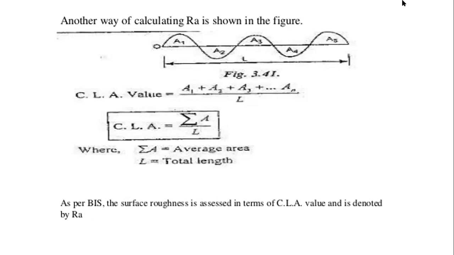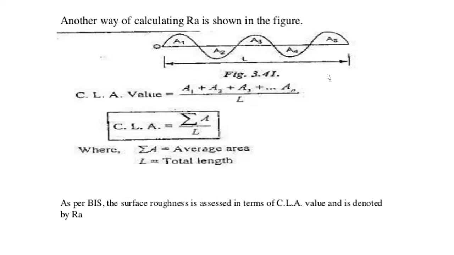So the total of the areas taken with the measurement is divided by the length, that is the sampling length. The total CLA value is taken as sigma A by L, that is the total area divided by the total length of the sampling.